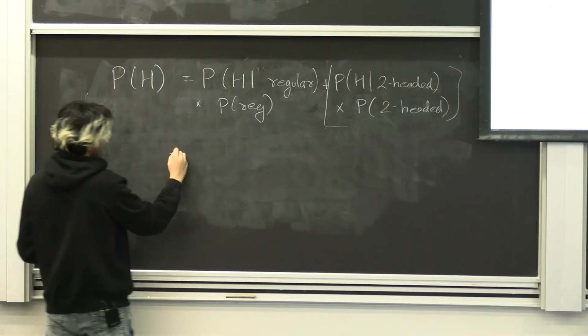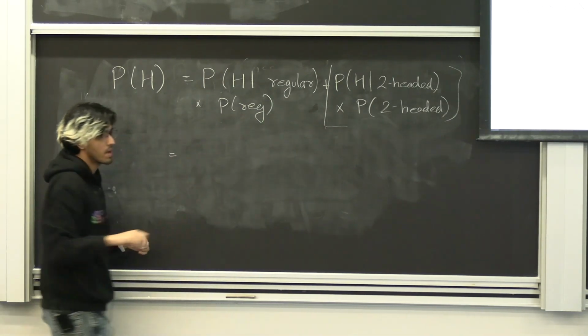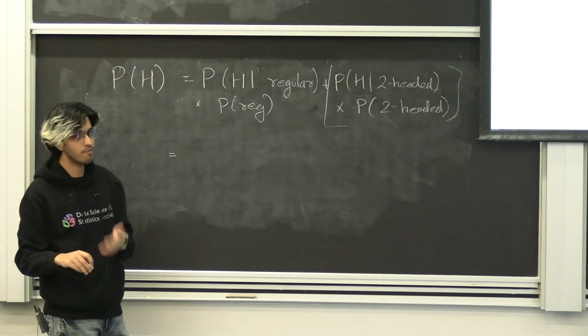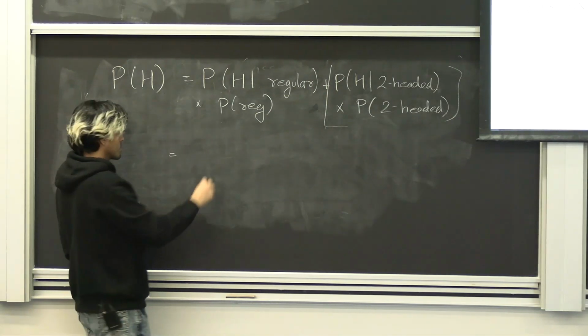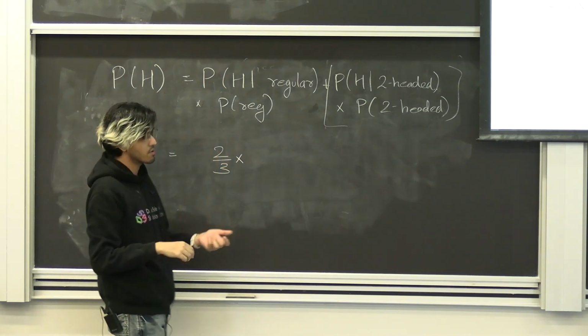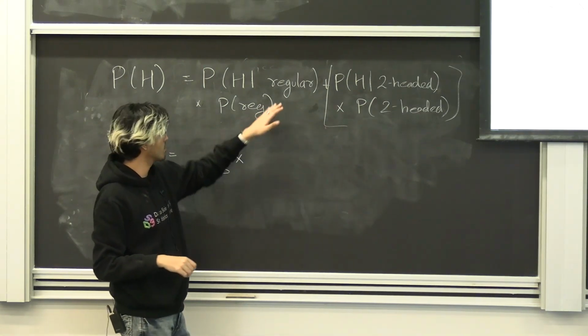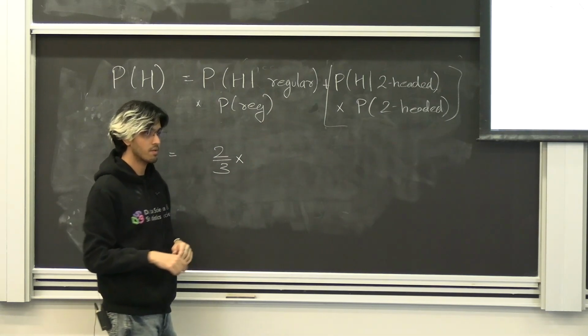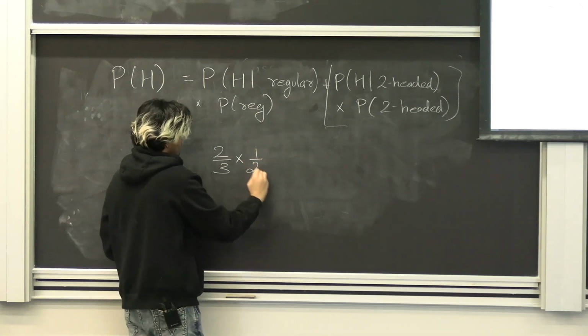So if the coin is regular, what's the probability of you picking a regular coin? Out of 3, 2 of them are regular, so 2/3. And what's the probability of tossing a heads, knowing that the coin is regular? 50-50, so it's half.